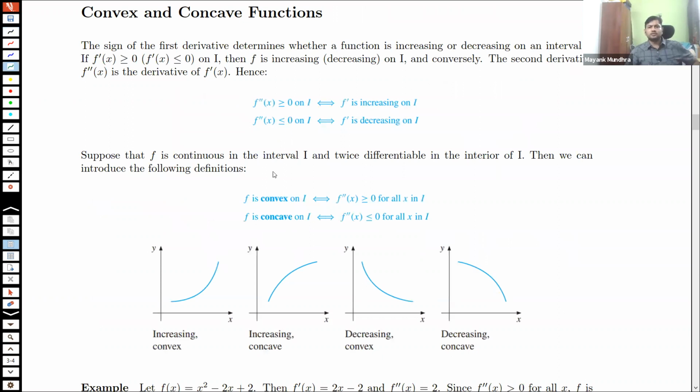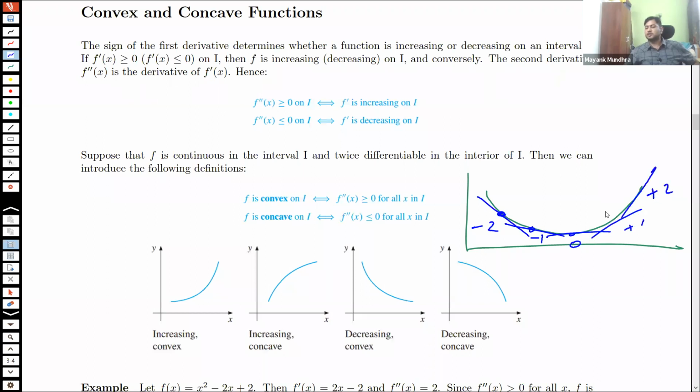So a convex function essentially looks like this, a kadai-like structure. As you can see, the slope here is highly negative. Let's say the slope here is -2. Then here the slope is -1. The slope here is almost 0, then +1, +2, and so on.